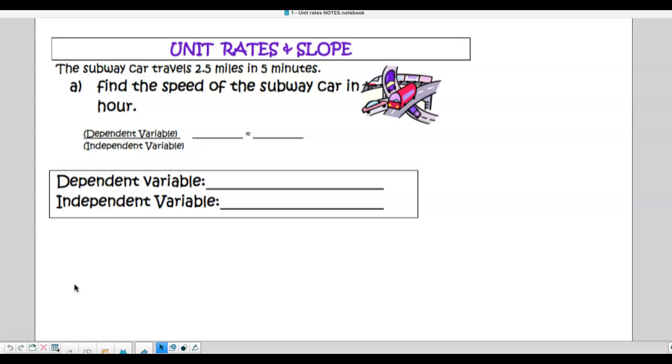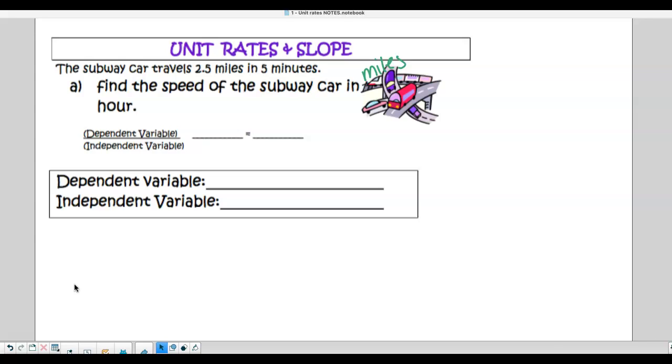Okay, so the first problem here says the subway car travels 2.5 miles in 5 minutes. Find the speed of the subway car in, and it got cut off, it's supposed to say miles per hour. Okay, so if I want to find miles per hour, what goes first? Remember, our label kind of tells us what order to put this in.